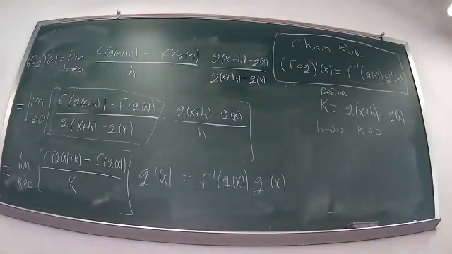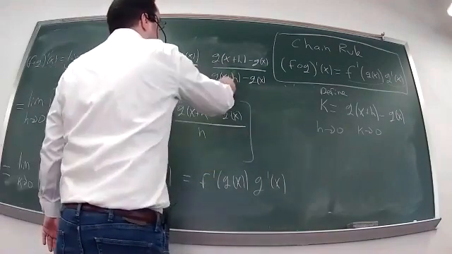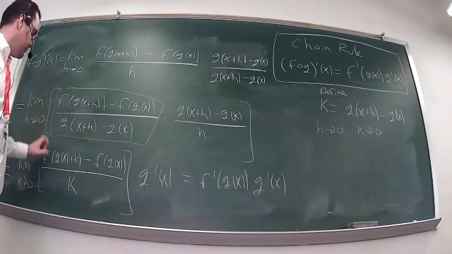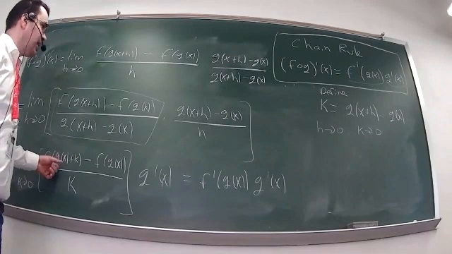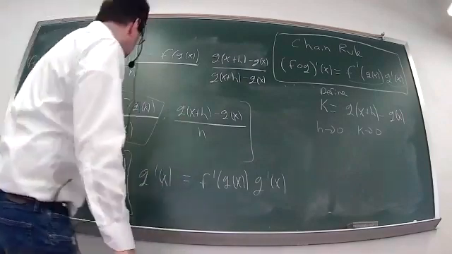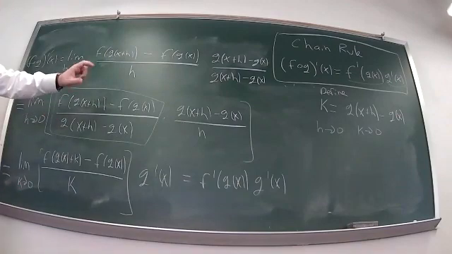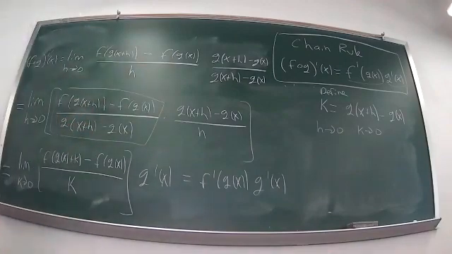So it's quite beautiful, really, by doing this trick of multiplying and dividing by the same quantity. You're allowing yourself to see the difference quotient for f of g of x and the difference quotient for g of x. Of course, to really see this one, you have to do a little bit of a change of variable, changing variable from h to k.